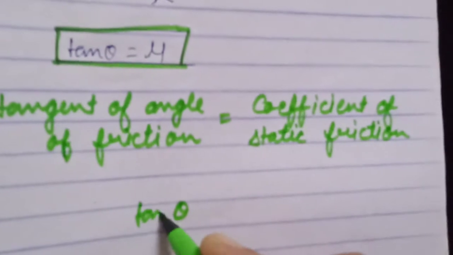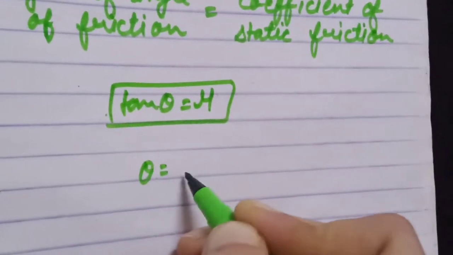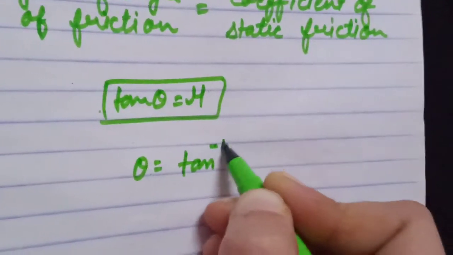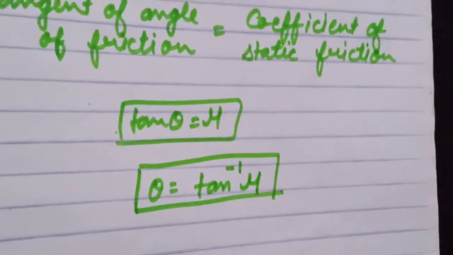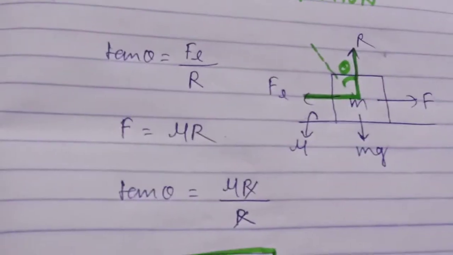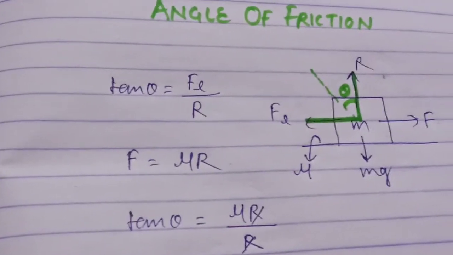Tan theta is equal to mu. Theta is equal to tan inverse mu. Hope you understand this angle of friction. Now we'll go to the next topic.